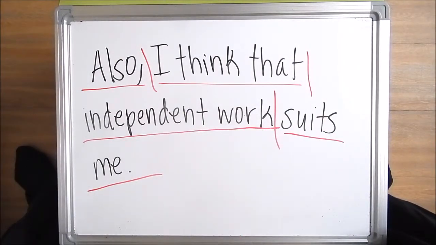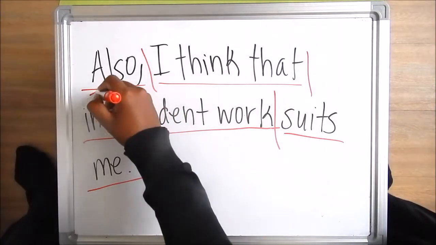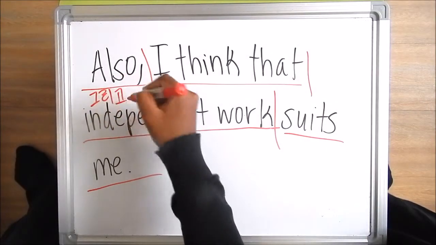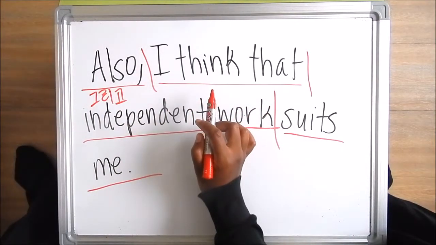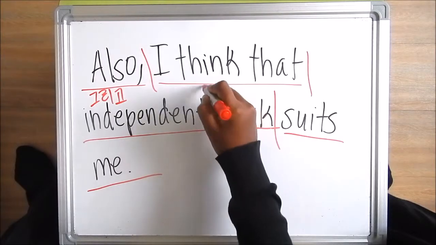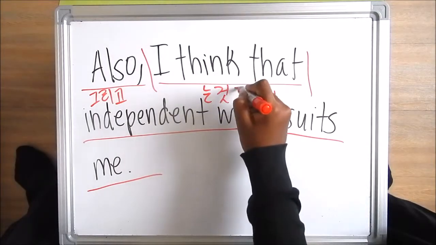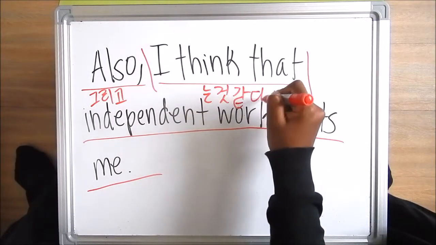Okay, so here you have also. Also in Korean has a bunch of different meanings actually. But in this one I'll use 그리고, which is like and, in addition to. I think that, so I think that is what 뭐뭐 하는 것 같다.